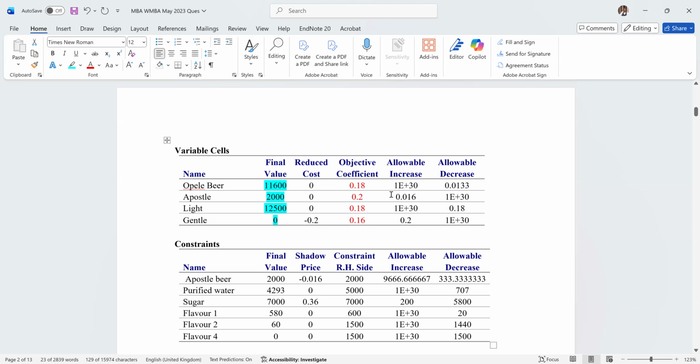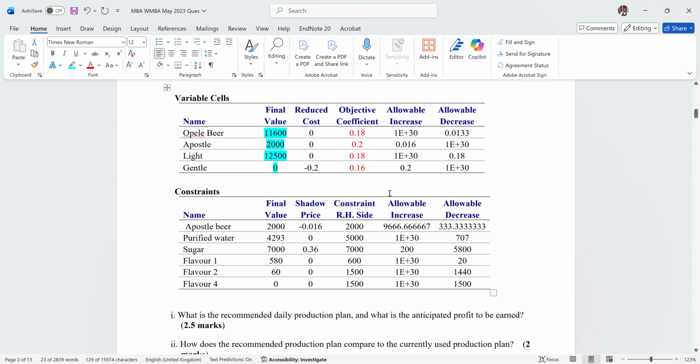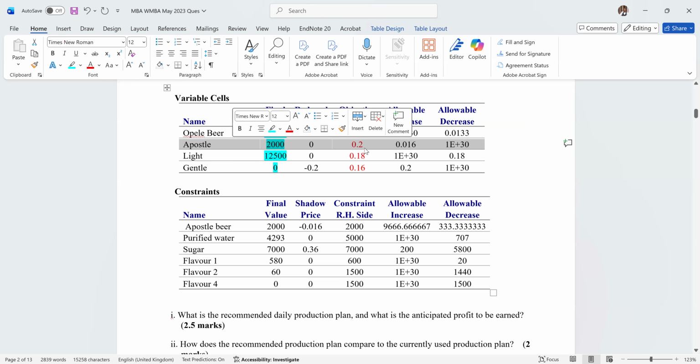Check it. First of all, we have 0.2, and we are increasing it from 0.2 to 0.216. 0.216 is still within the sensitivity range.